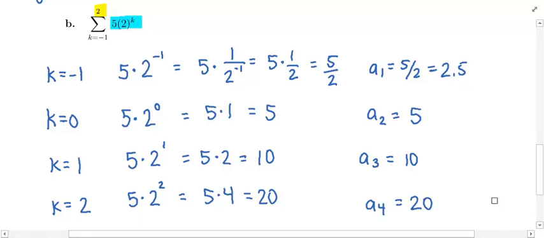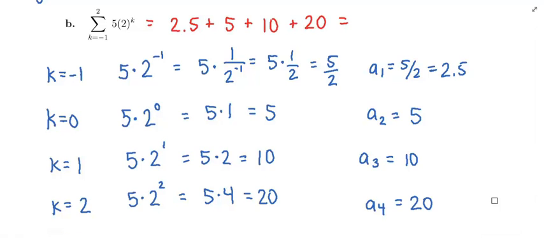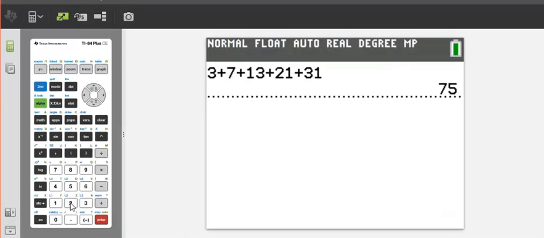So to get the answer for the series, we need to add up these 4 terms. This is going to be 2.5 plus 5 plus 10 plus 20. And that will give us our answer. So I'm going to go back to my calculator, type this in.